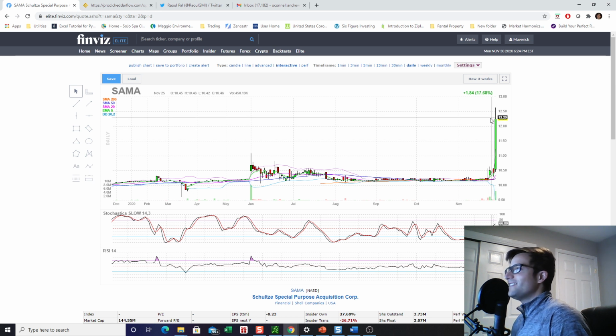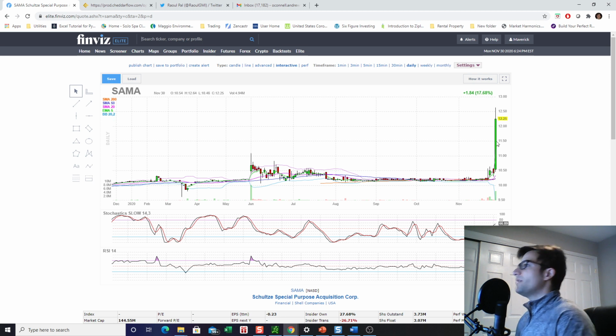So up 17% today. And there was actually some news about this one. It is a Colombian cannabis company that is being acquired through a SPAC deal. The name is Clever Leaves, and that merger is going to close on December 18th.